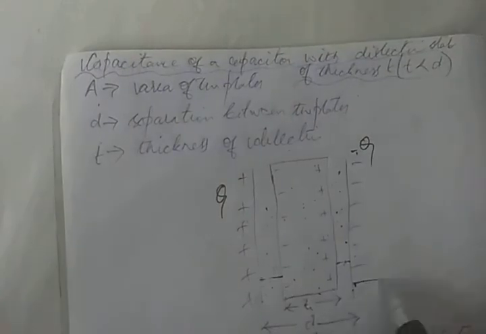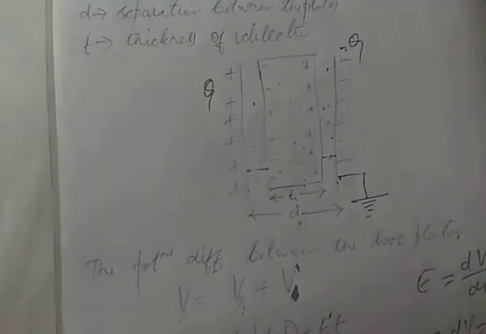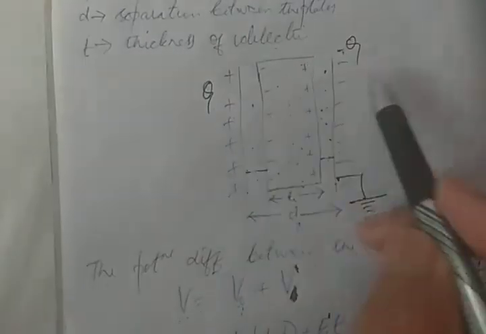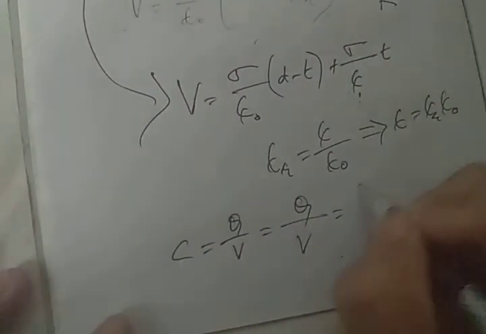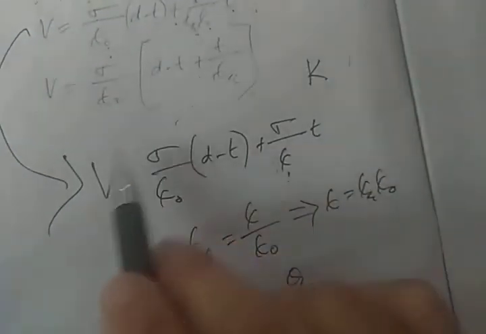Of course, this plate is connected to the ground, to the earth. So you have plus Q over here, minus Q over here. The capacitance of the capacitor will be Q by V, which is Q by this expression.